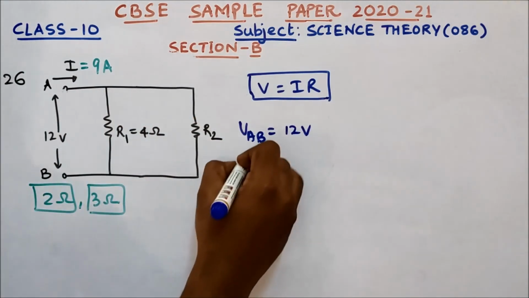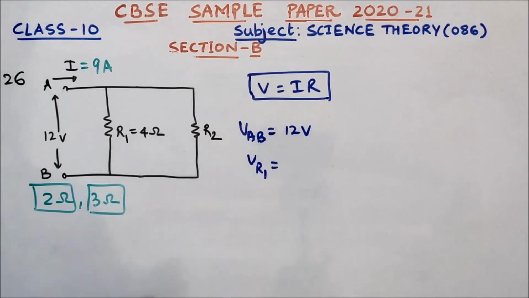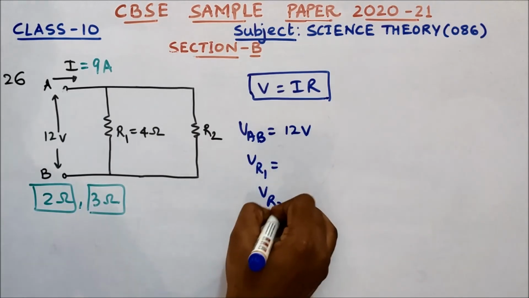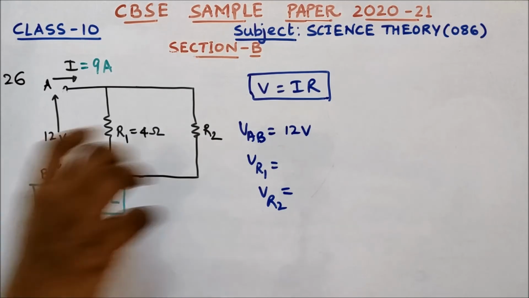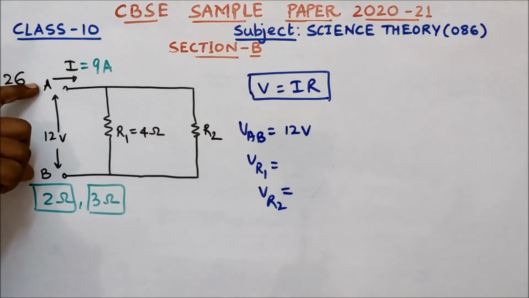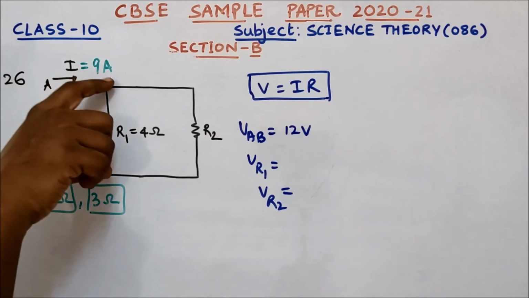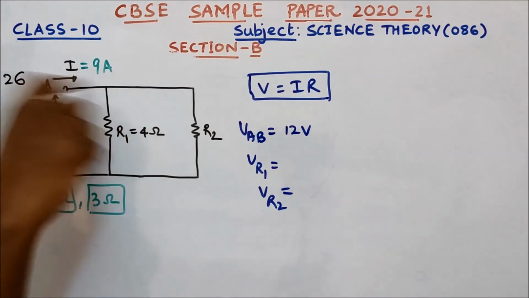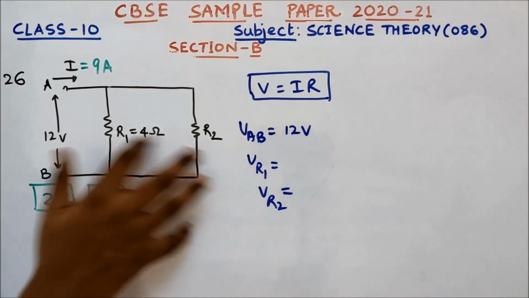What is the potential difference across R1 and across R2? See the figure: the potential difference across AB and across R1 are the same. What is the connection between R1 and R2?